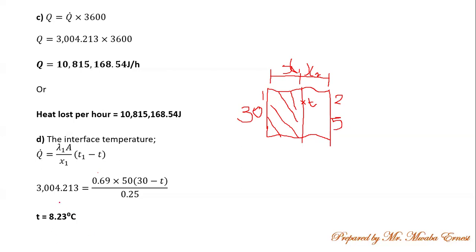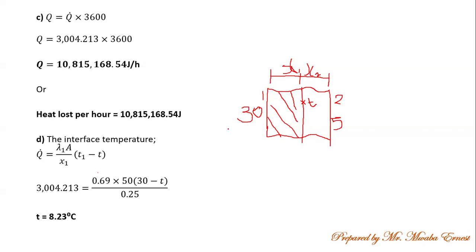It's actually 8.23, representing a number between the two values. If you were to find a miraculous answer, which is away from here, meaning it's lower than 5 or bigger than 30, then check your work. There should be a mistake. If there is no mistake, that calculator needs to be changed before we change the user. It means you're getting an error from your working.